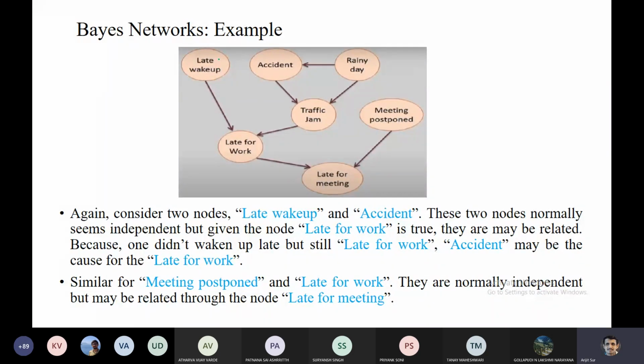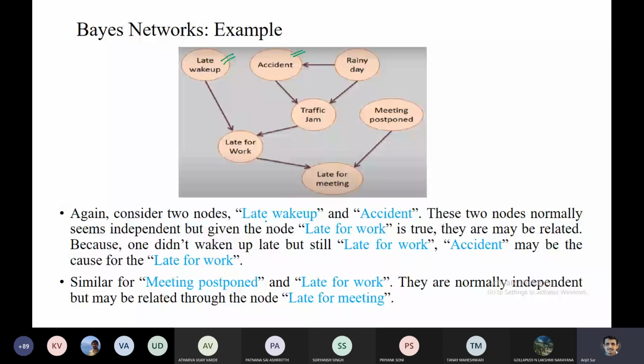So these two nodes normally seem independent. There is no relation, but this late for work node implicitly makes some dependence between these two. So it's called conditional dependency.